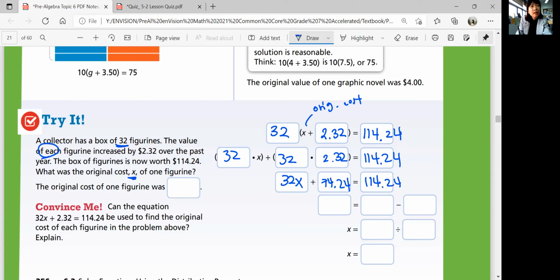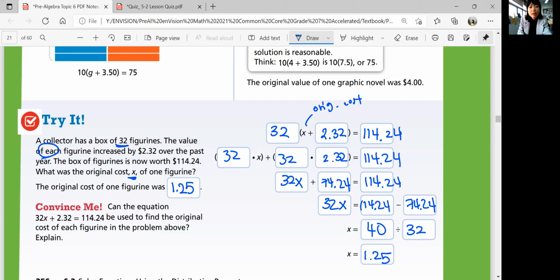Okay, subtract 74.24 on both sides, and you get 32x equals 114.24 minus 74.24. So divide by 32 on both sides. 114.24 minus 74.24 is 40. And divide it by 32, you get 1.25. So the original cost of one figurine was $1.25.